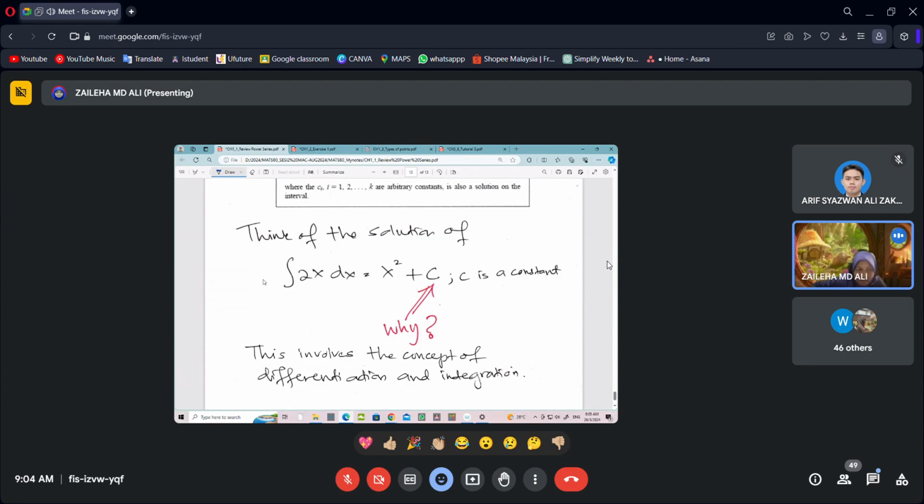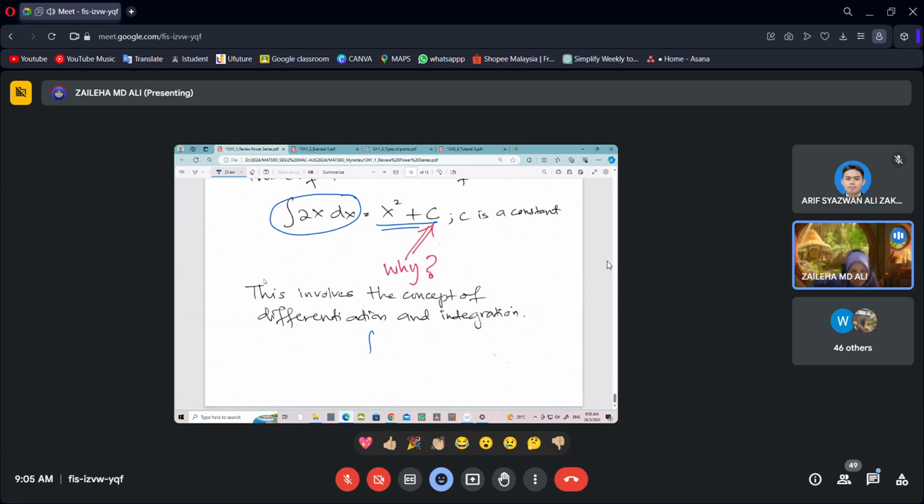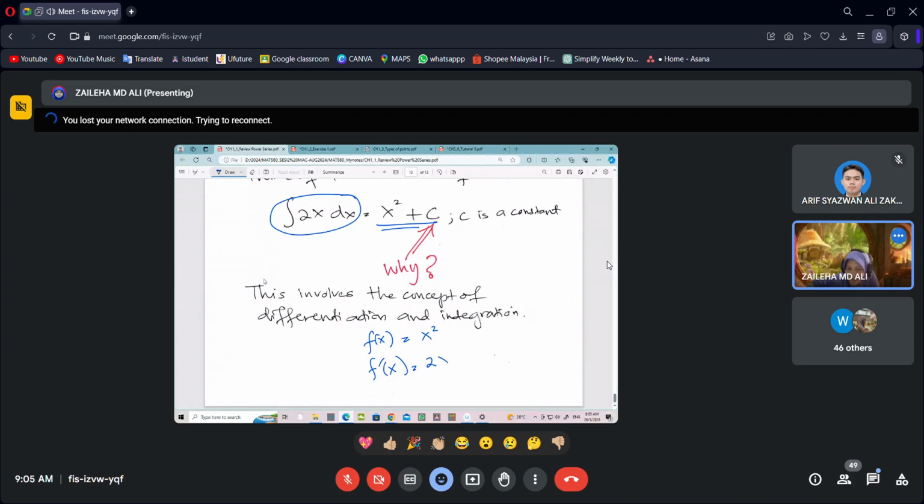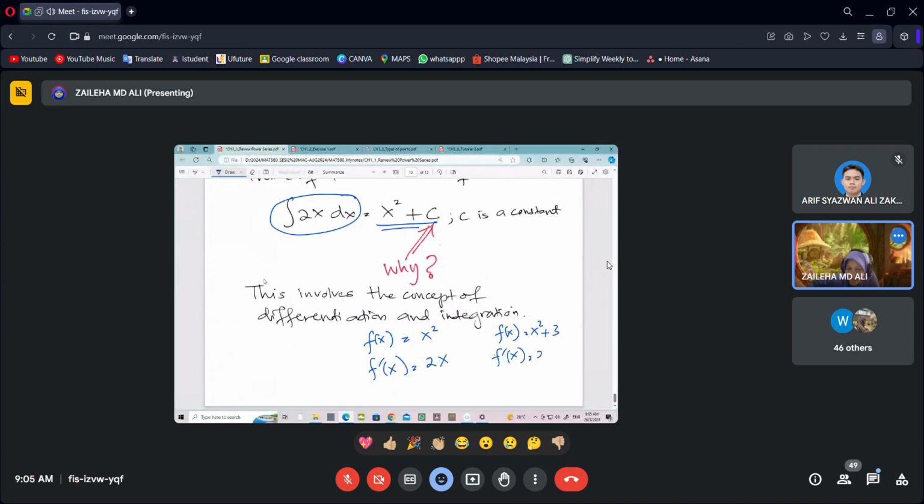Think of the solution when we have integration of a function. Remember that in integration, when we have a function f of x equals x squared, when you differentiate, we get 2x. If I have x squared minus pi, the derivative I get is 2x.